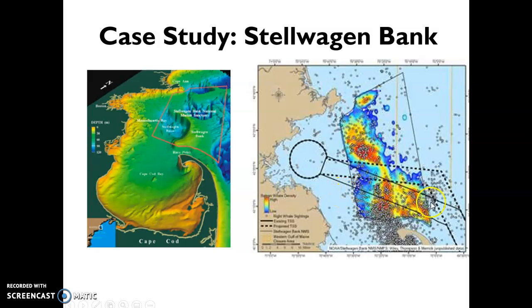And as you can see, with the original shipping lane, they ran through areas that were very densely populated with whales here and here. They decided to move the shipping lane, make it a little longer, and you can see much less densely populated whale population here, and even well lower here.